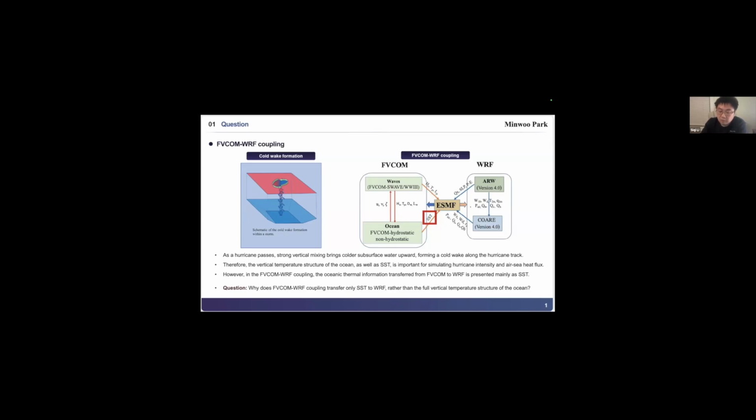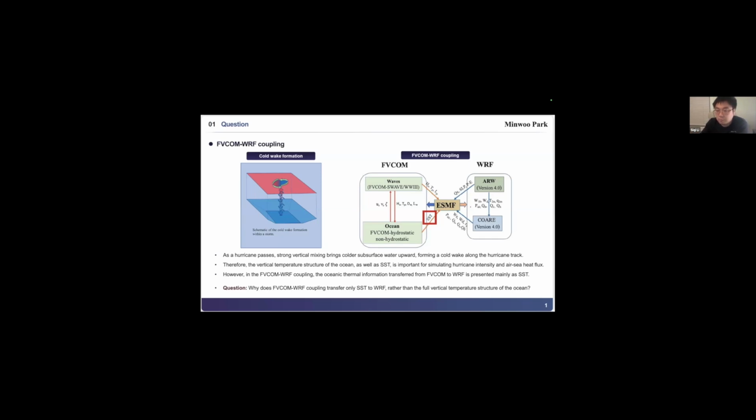Although the vertical structure is very important, it would require a more complex, fully coupled ocean atmosphere model system that could make the ocean model feed back other information to the atmosphere model.